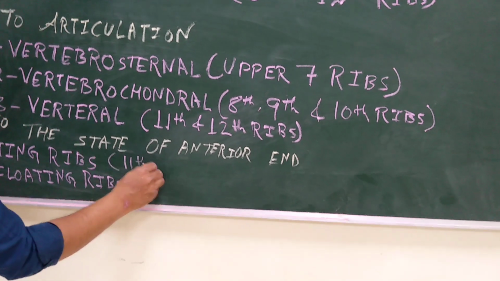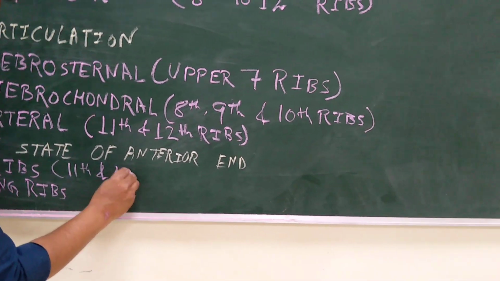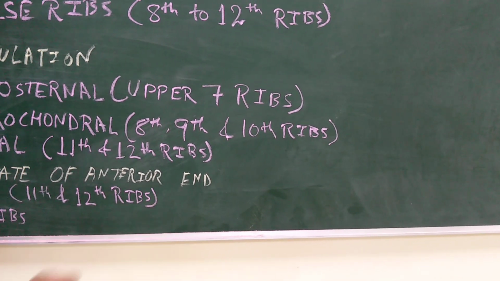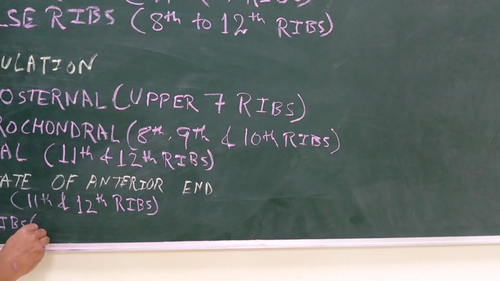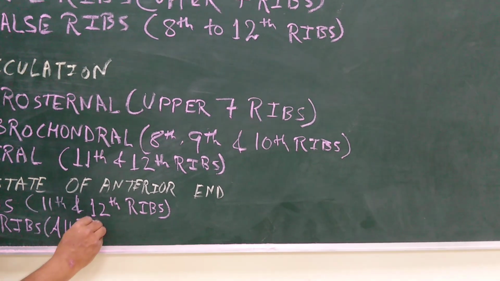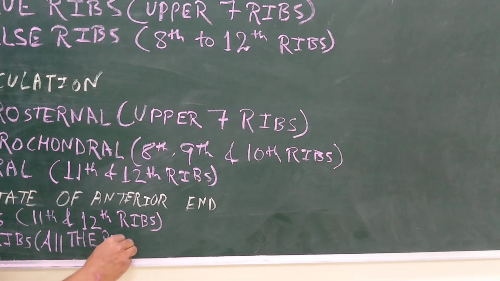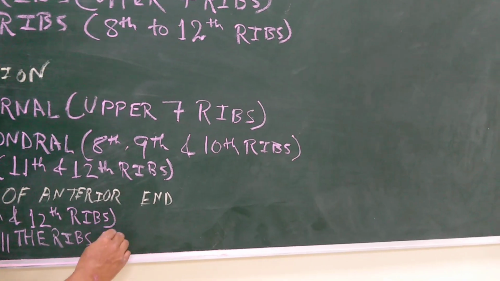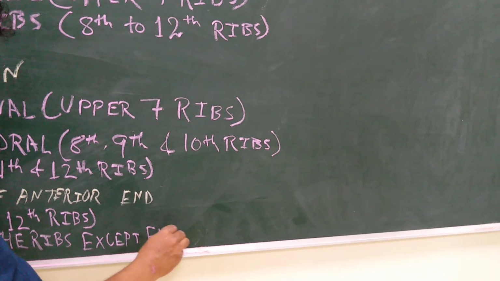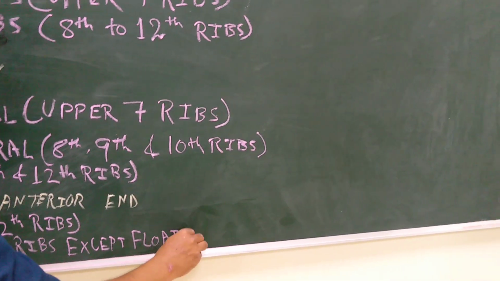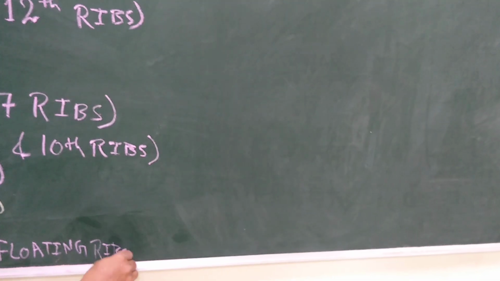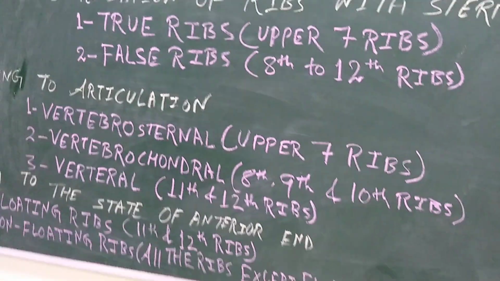11th and 12th ribs are the examples of floating ribs, and all the ribs except floating ribs are called the non-floating ribs.